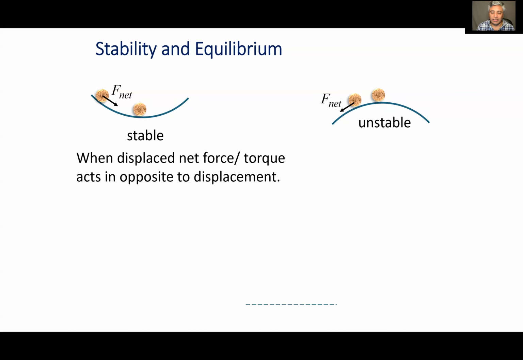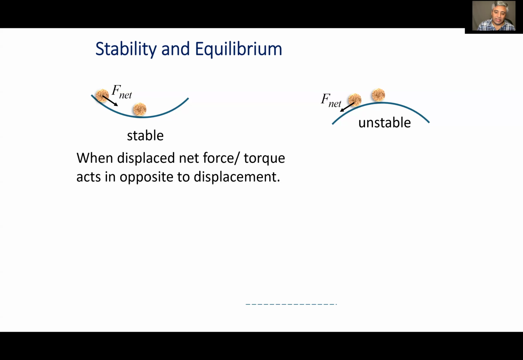And then we also learned how the net torque equal to 0 is rotational equilibrium. So we're going to continue on that equilibrium and then move to rotational kinematics today.